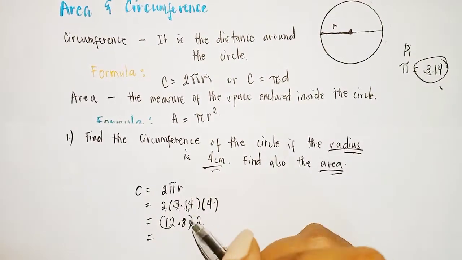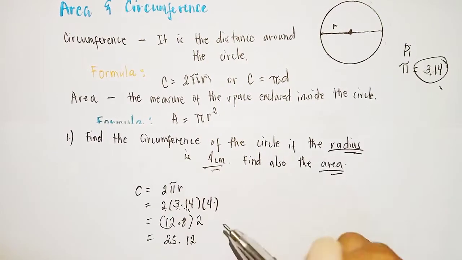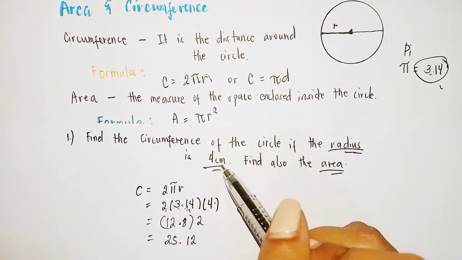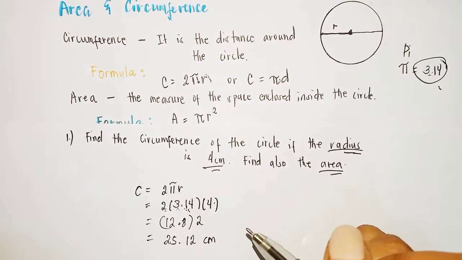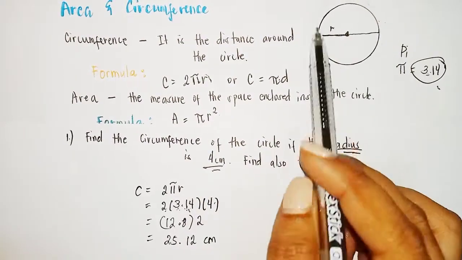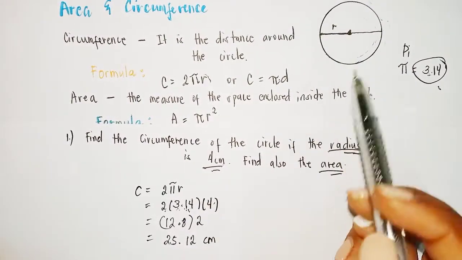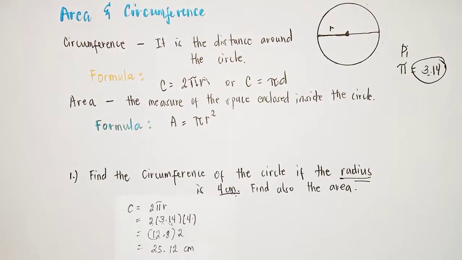And then, 12.56 times 2, that is 25.12. And dahil ang label nga natin is centimeter, therefore, we have 25.12 centimeters. And then, yun na yung pinaka-length or haba nitong palibot na ito ng circle, or that is the circumference already. Okay, ganun lang kasimple ang pagkuha ng circumference given the radius, alright?